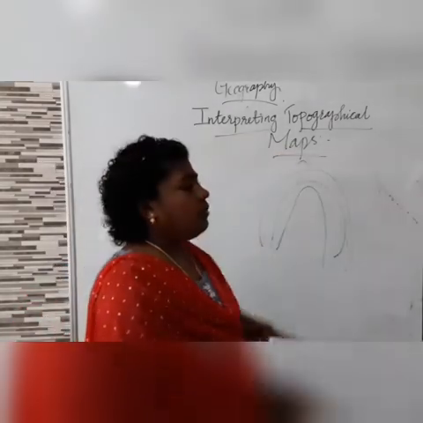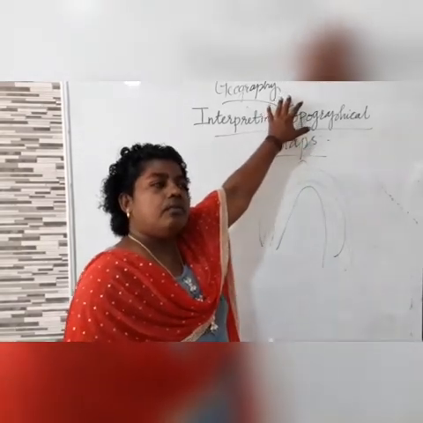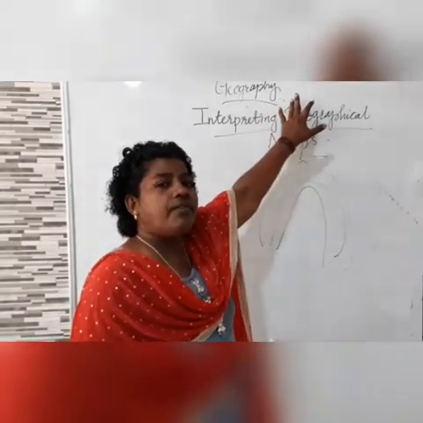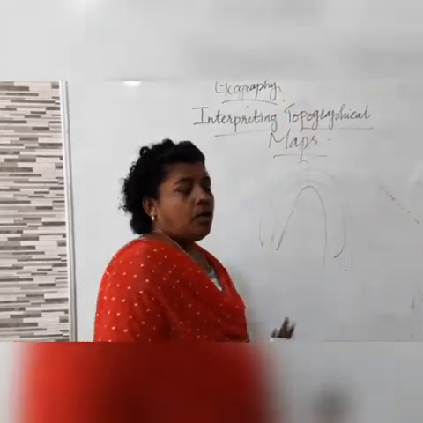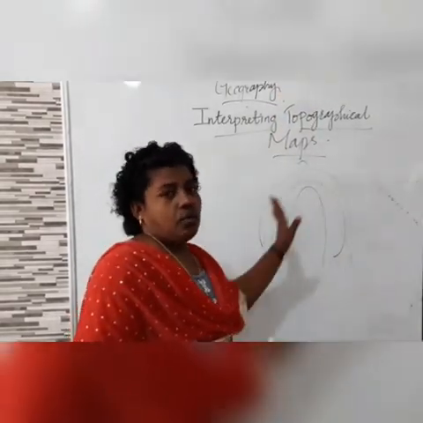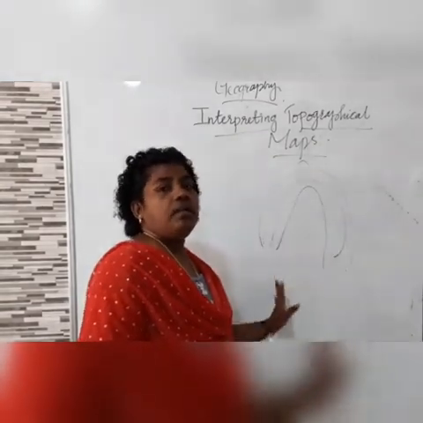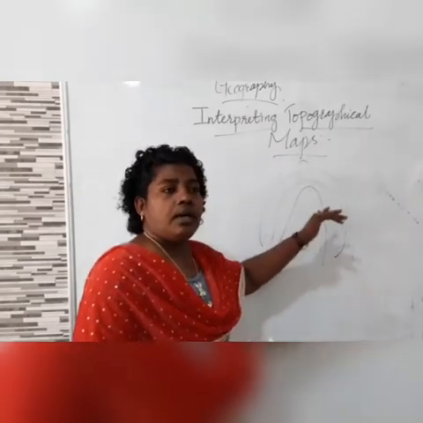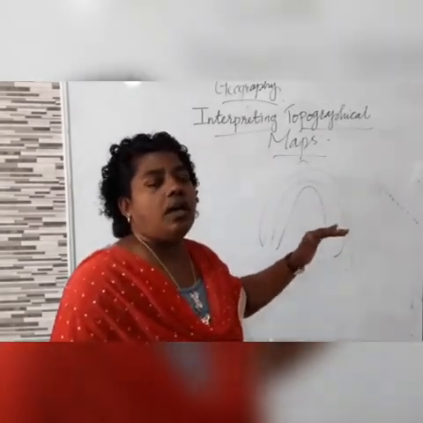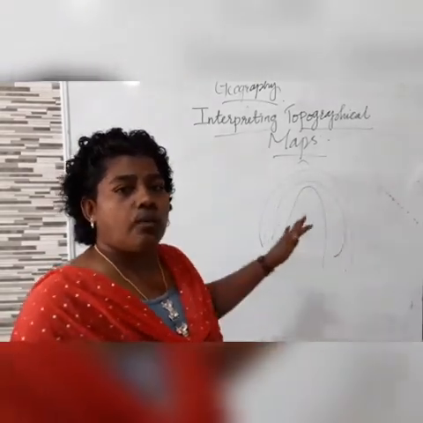Here see what happens in the lower part. The river originates on the top of the mountain and it falls through the hills. There you can find the V-shaped valleys. When it comes down, the region is very cool and most of the places are covered with snow throughout the year.